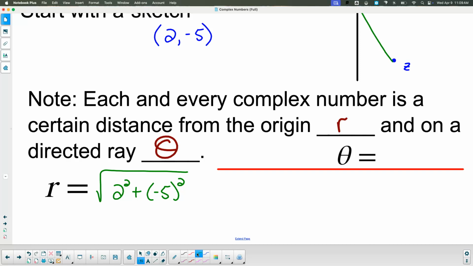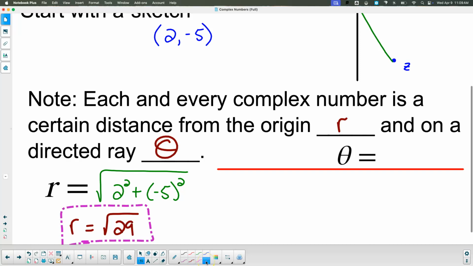So r then is square root of 29. Questions on that?